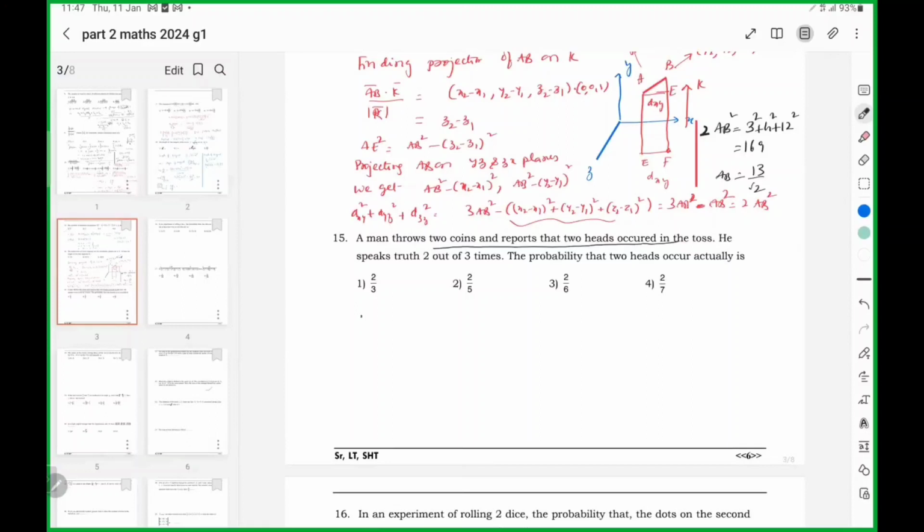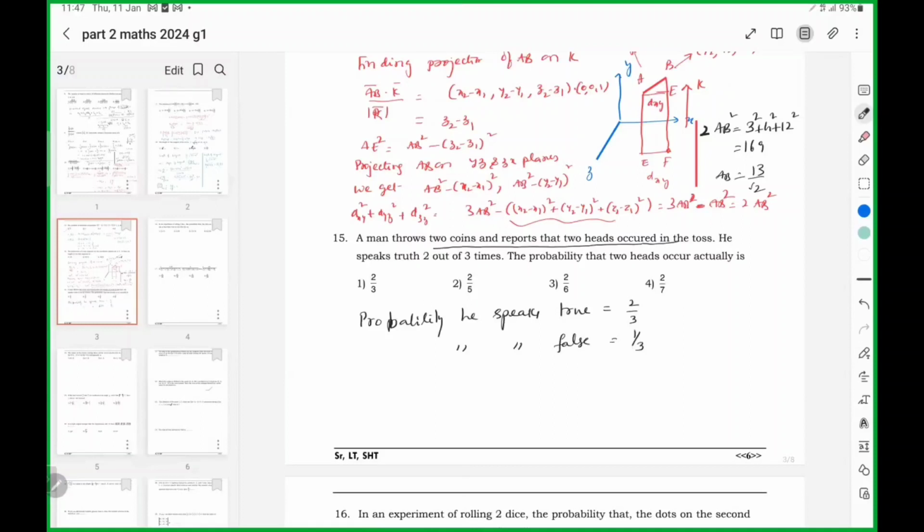So the probability that he speaks truth is 2/3. He speaks false is 1/3.